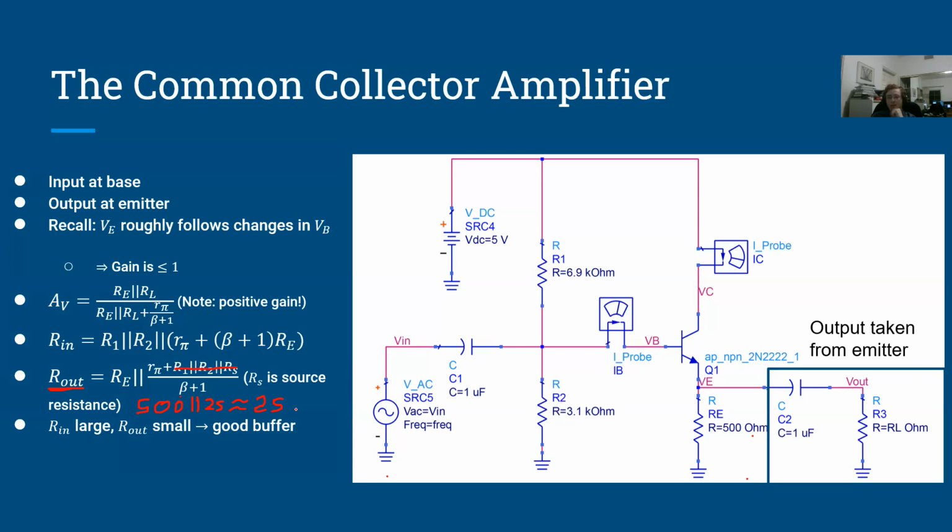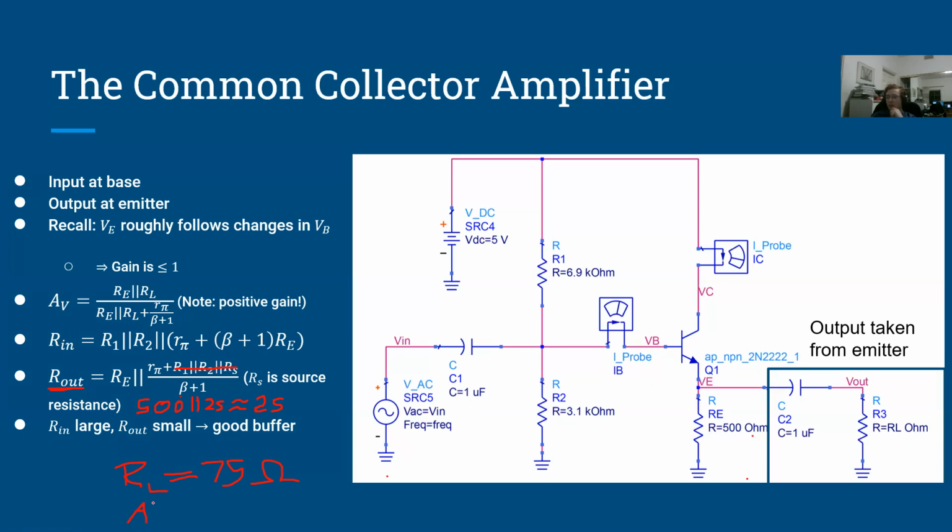So just to make sure people are following, suppose RL was 75 ohms and R out is 25 ohms. What would be the effective gain?